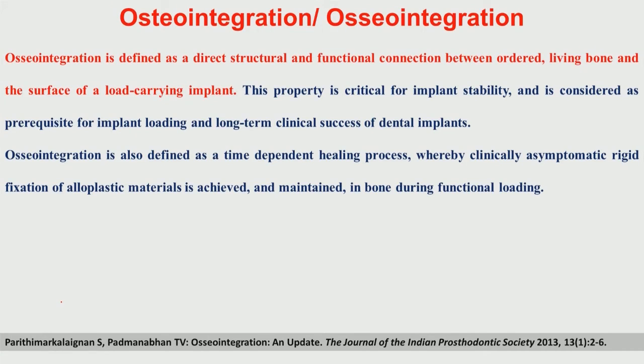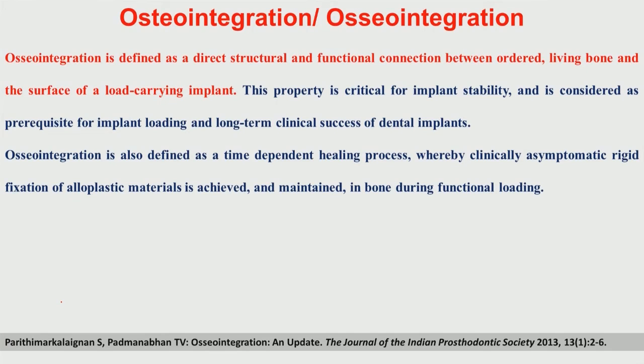Now, these are the 3-4 definitions that are quite useful before we get into more details of this in vivo testing. First one is the osteointegration or osseointegration. Osteo, so anything osteo means bone, or that osseous structure in the body.